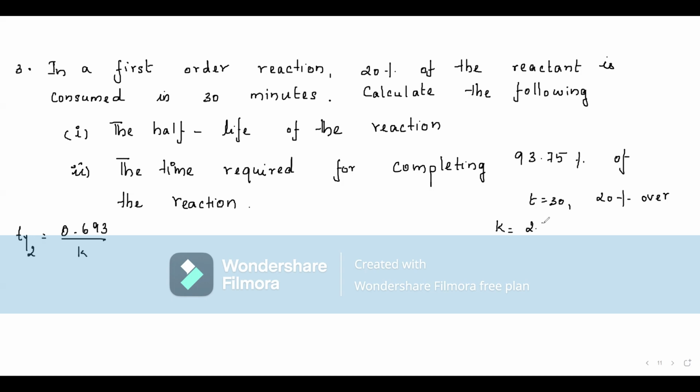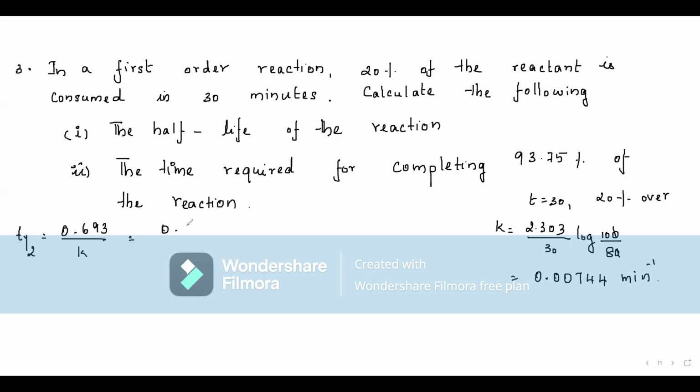K is 2.303 by 30 log 100 by 80, log 10 by 8. So first of all, find out log 10 by 8, then substitute. You can solve it yourself. Now, the answer is 0.00744 per minute.